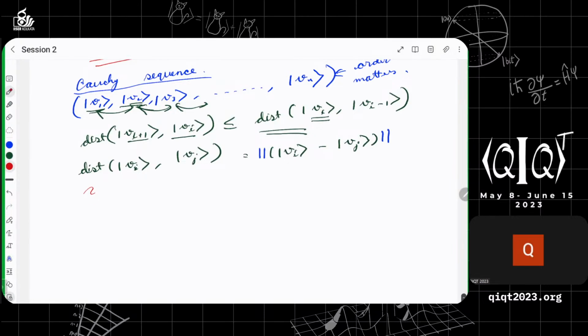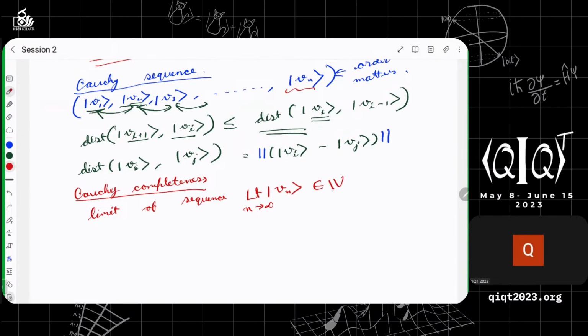Now, Cauchy completeness means that the limit exists in V, as in the limit of the sequence. And what does the limit of the sequence mean? The limit of the sequence is Vn as n tends to infinity.